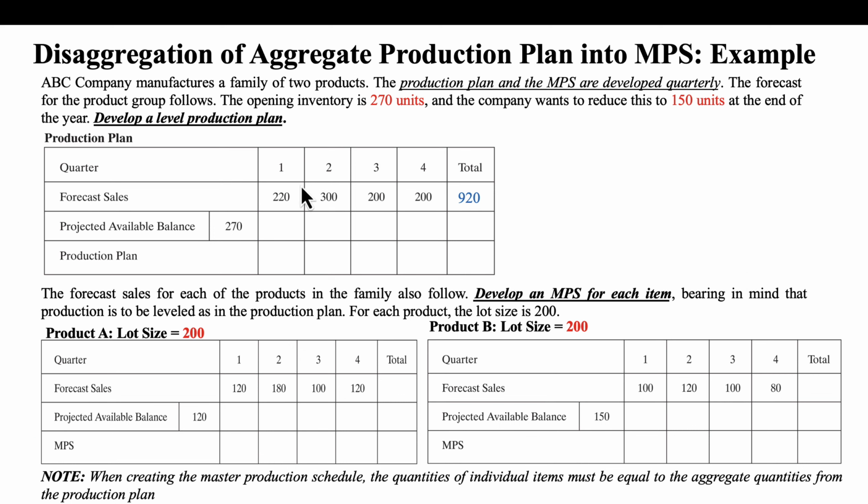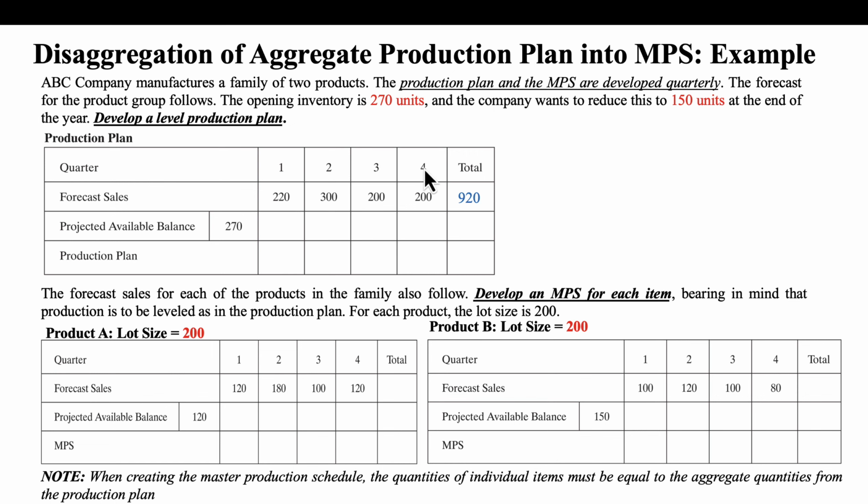Our task here is to convert this production plan into master production schedule of product A and product B. Here is the data. Opening inventory is 270 units, and we can see it also appears here, 270 units, and we want to reduce this to 150, which means by the end of period 4, which is the last period.